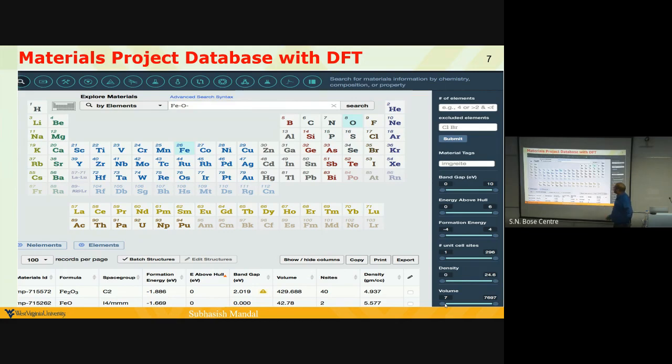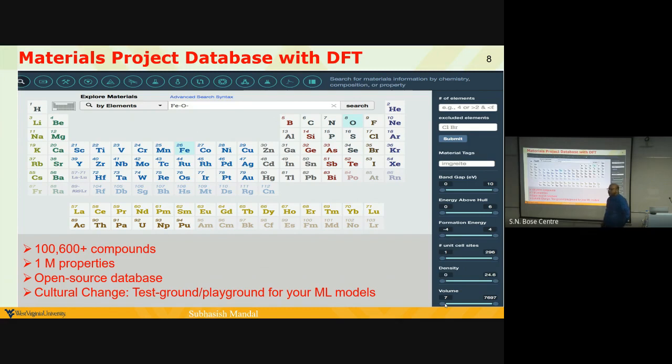One of the popular databases is the Materials Project database that was built with DFT. Now, this has more than 100,000 compounds with millions of properties. Many of them are not even synthesized. And this has kind of changed the culture of data sharing, which was lacking in condensed matter. And it is also a playground for your own machine learning models for this database.